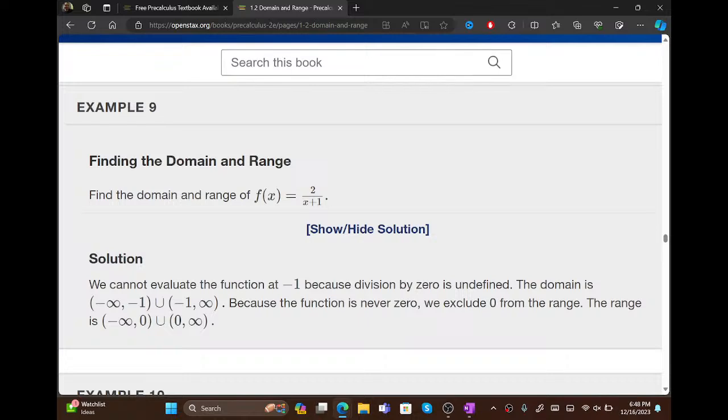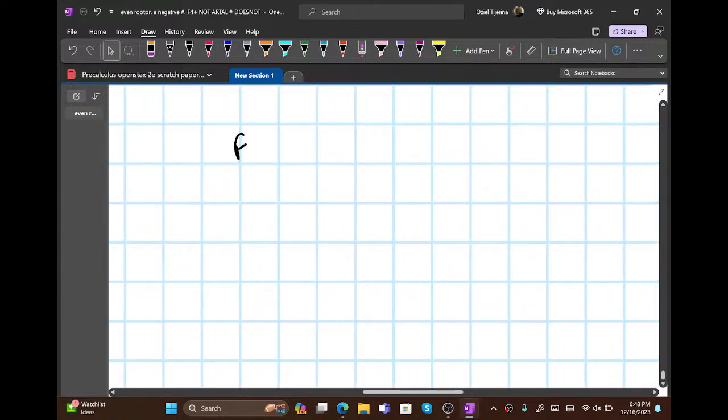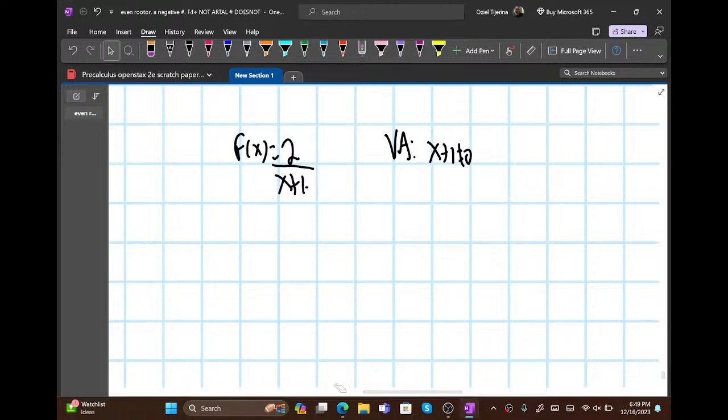But the way that I usually do it, and I'm going to explain to you guys: if I have f of x equal 2 over x plus 1, I'm going to use vertical asymptotes and horizontal asymptotes.